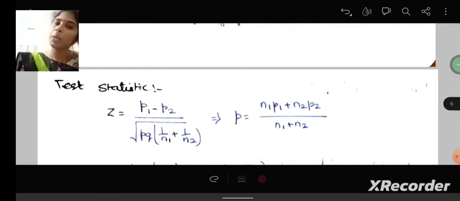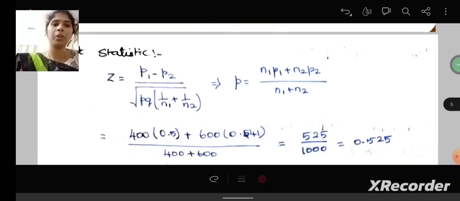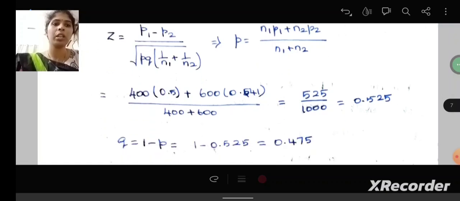Next comes the formula for the test statistic, that is z is equal to p1 minus p2 divided by root of pq into 1 by n1 plus 1 by n2, and the formula for P is n1 p1 plus n2 p2 divided by n1 plus n2. On substituting the values, we get the P value to be 0.525.